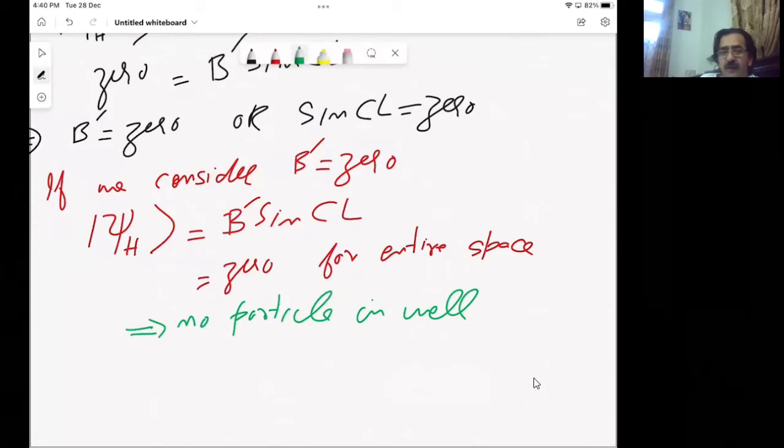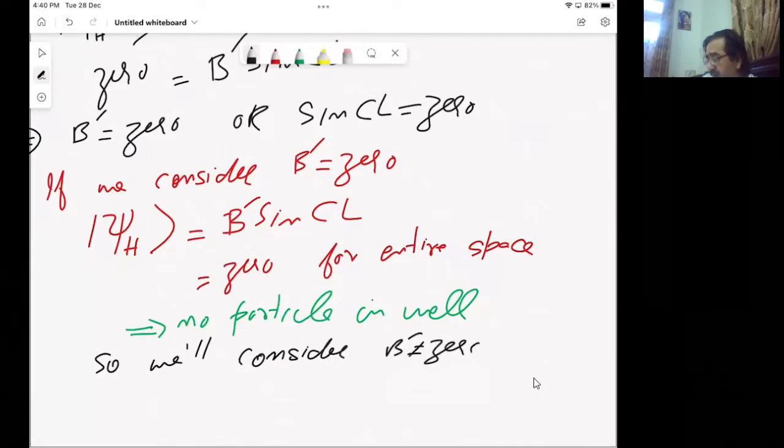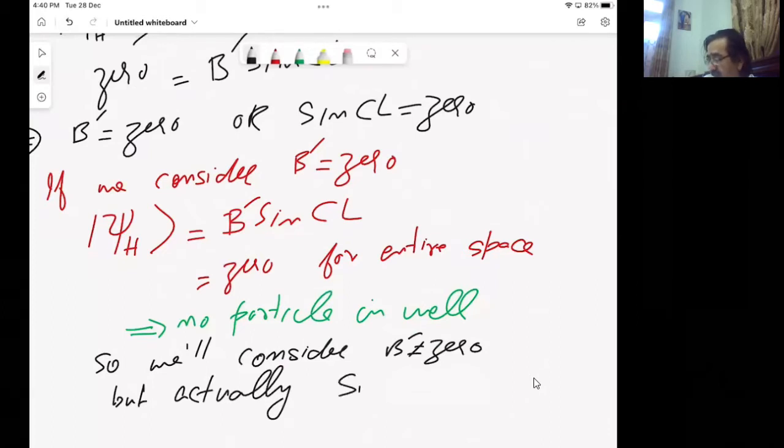So we will consider B prime is not equal to 0, but actually sine CL is equal to 0.